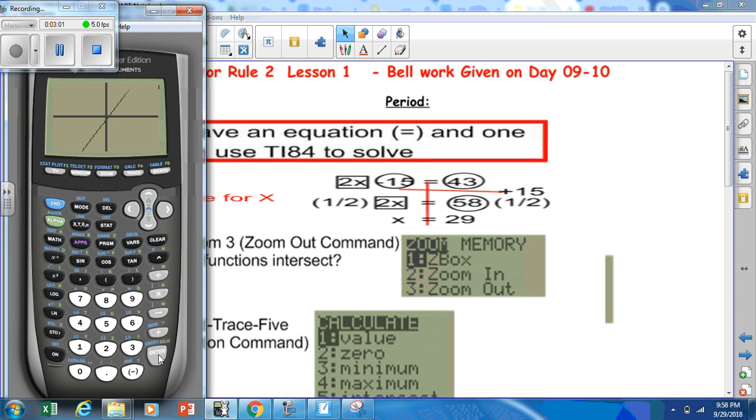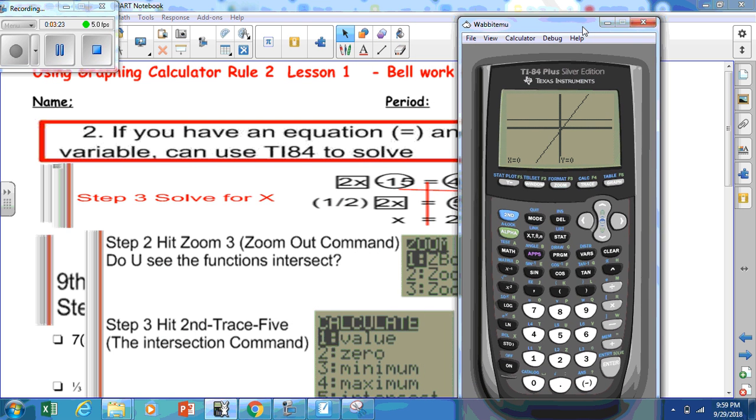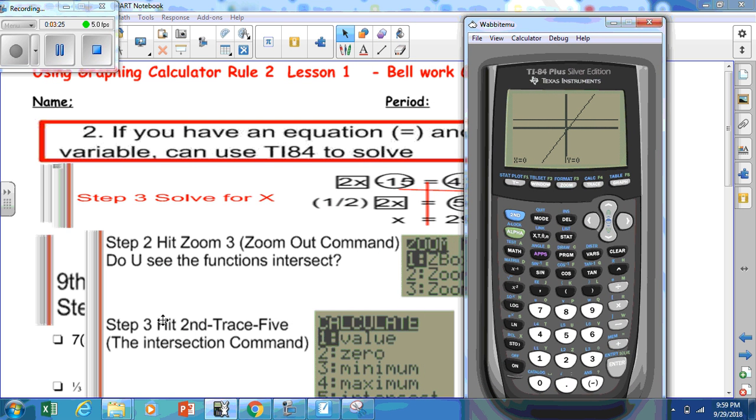But until you see that intersection, you can actually use the cheat code on this graphing calculator to calculate the intersection. So the cheat code says that in step 3, we have to hit second trace 5, the intersection command, and we want to do that 3 times. So second trace 5, 3 times: 1, 2, 3.